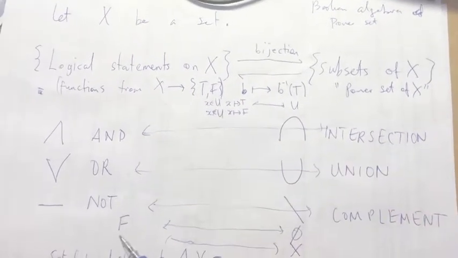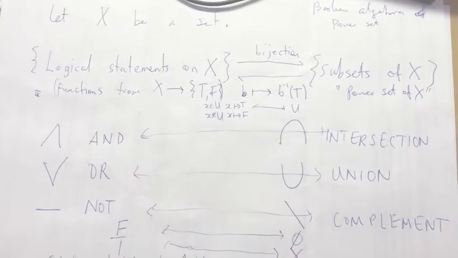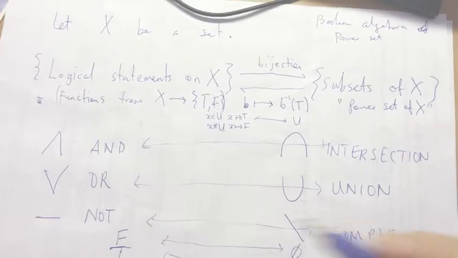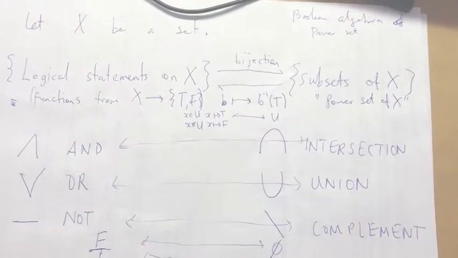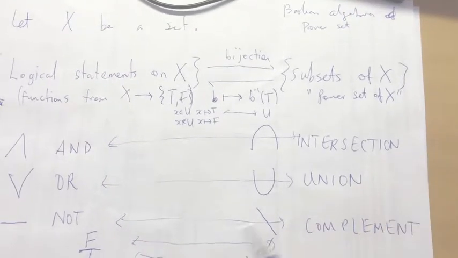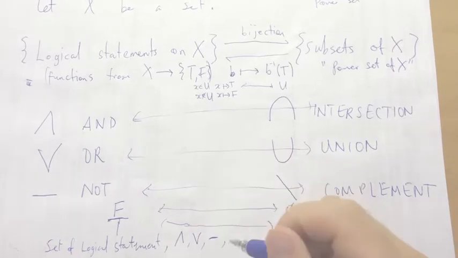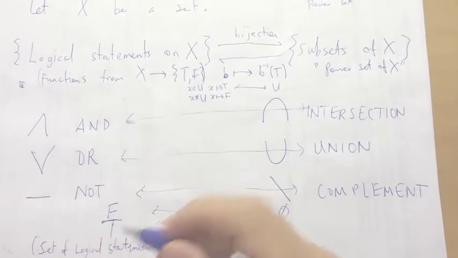So that the false statement is the function that takes everything to false, and the true statement is the function that takes everything to true. So logical statements together with these things and the false and true statements is a Boolean algebra.